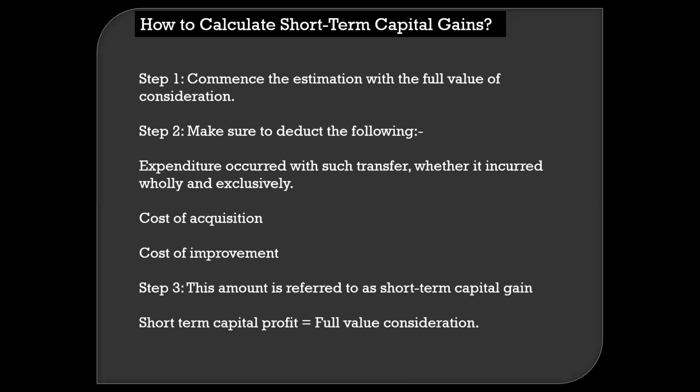And step 3 is the amount that is referred to as short-term capital gain. So, short-term capital gain is equal to full value consideration less expenses incurred exclusively for such transfer, less cost of acquisition and less cost of improvement.